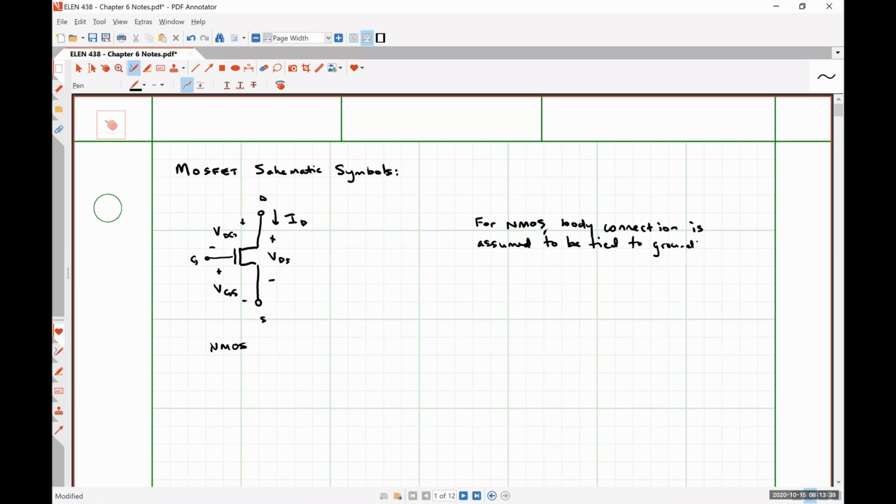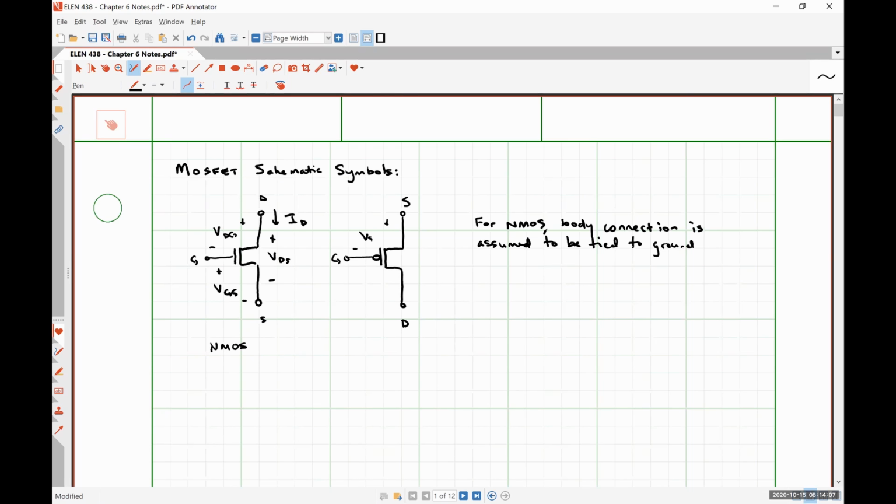For a PMOS device, it's going to look extraordinarily similar, but I'm going to put a little circle there at the gate. So here's our gate, source, drain.